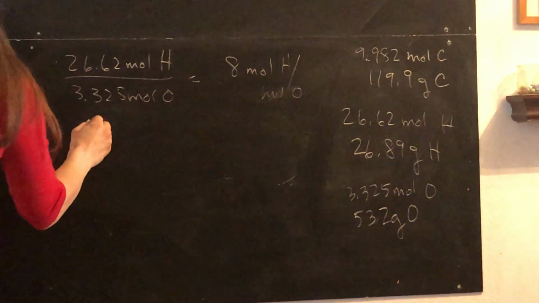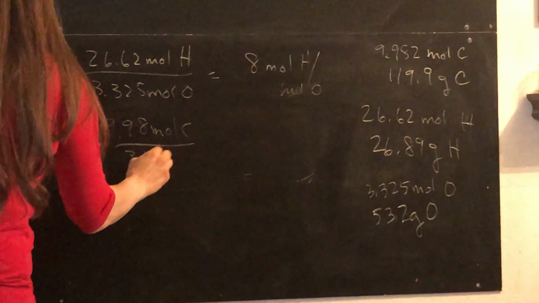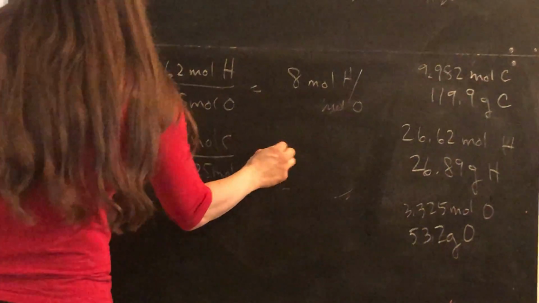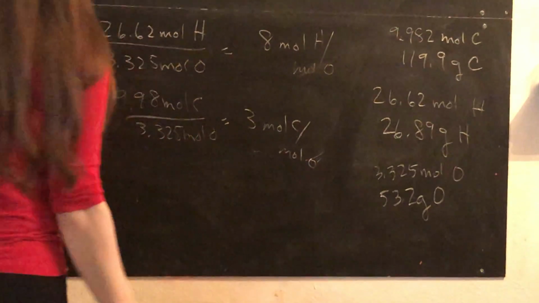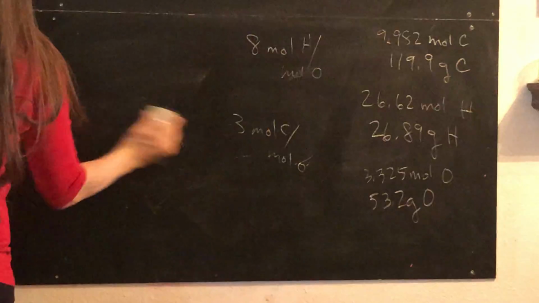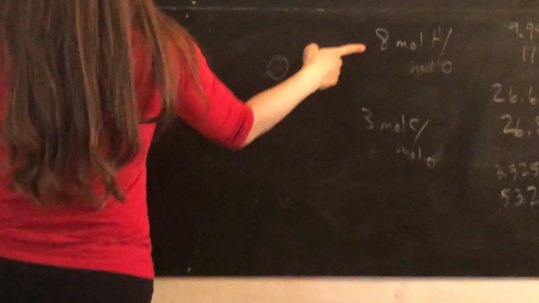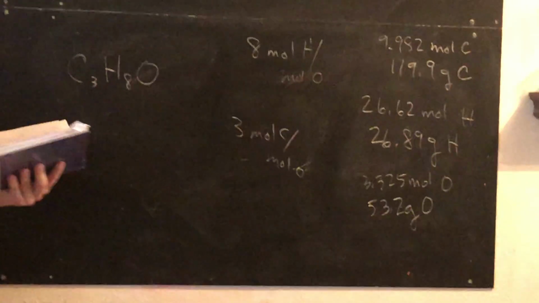Now let's do the same with the carbon. 9.982 moles carbon divided by 3.325 moles oxygen, and that is 3 moles of carbon per 1 mole of oxygen. So now we can figure out our molecular formula. For every 1 mole of oxygen, we've got 8 moles of hydrogen and 3 moles of carbon. So this is our empirical formula, C3H8O.